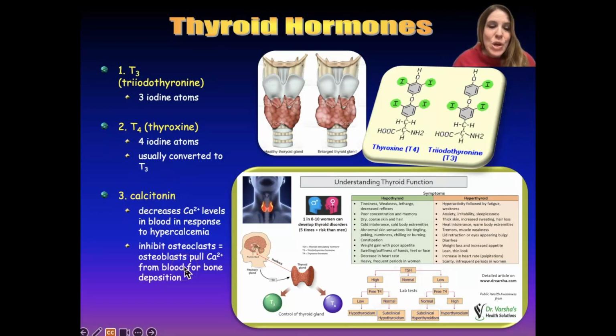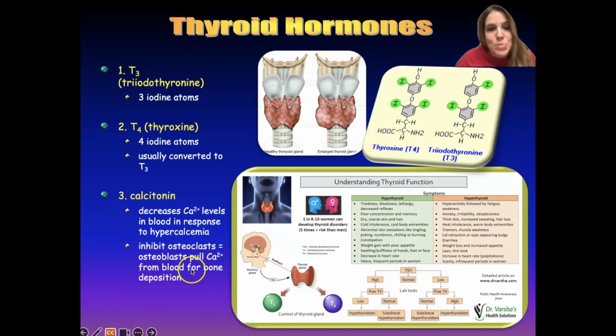The third hormone that the thyroid gland produces, but is not really endocrine in nature, is calcitonin. So what calcitonin does, and you may remember this if you've studied the skeletal system, is it's going to decrease the calcium levels in the blood in response to hypercalcemia. So if you have really high calcium concentration in the blood, that calcium concentration needs to decrease. You don't want too much of it. And so calcitonin gets released. And what that's actually going to do is kind of put the brakes on the osteoclasts. So remember that osteoclasts break down bone.